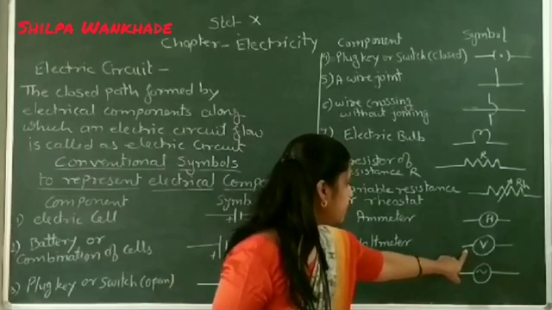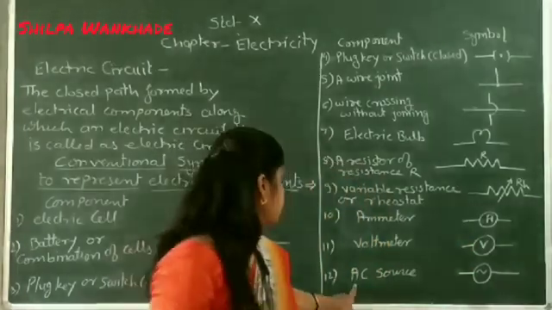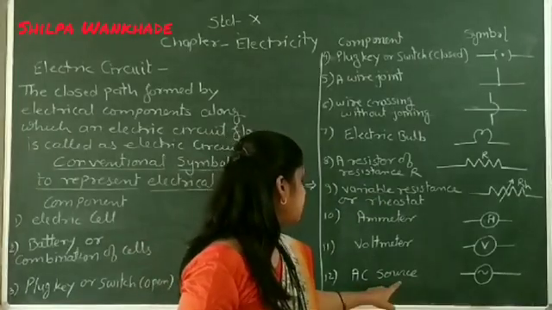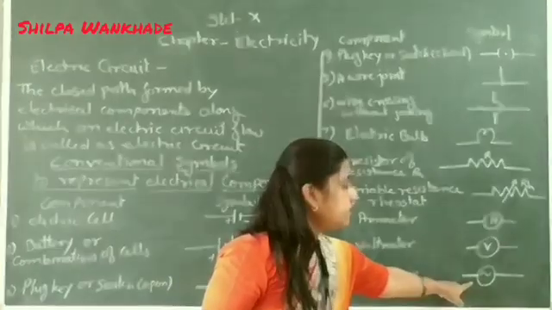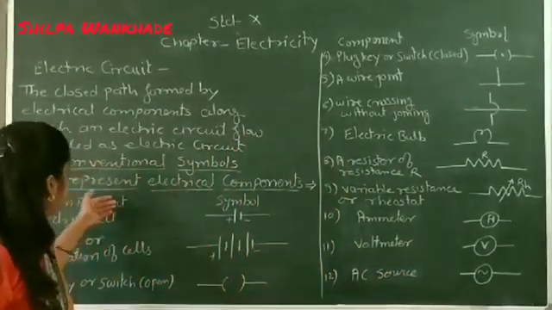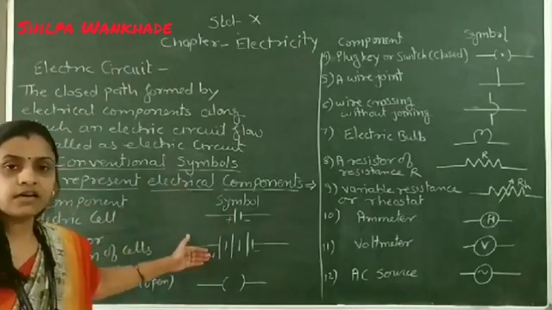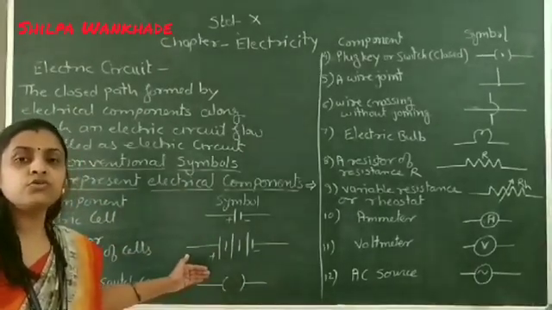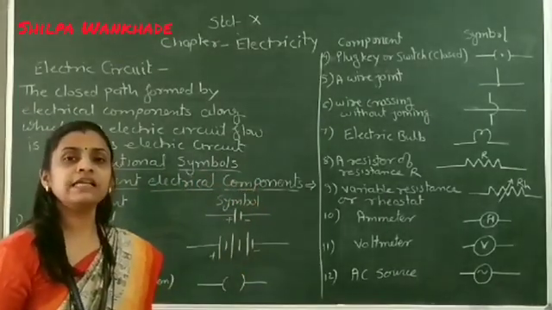The symbol of the voltmeter is like this. And the AC source, if we are directly using the AC source, is represented by this symbol. So these are the conventional symbols. These are the components, and these are the conventional symbols to represent the electrical components used in an electric circuit.